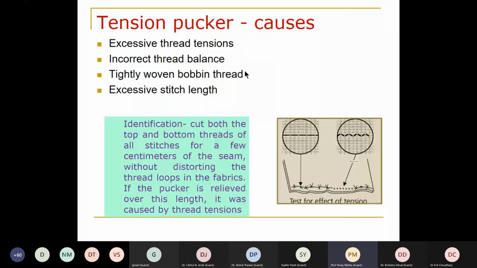And the identification of the tension pucker is possible by cutting both the top and bottom threads of all stitches for a few centimeters of the seam without distorting the thread loops in the fabric. And once these particular threads have been cut, then the pucker will be relieved. If it is caused because of tension pucker, then this pucker will get relieved. But if it is not relieved, then it may be because of certain other reasons.